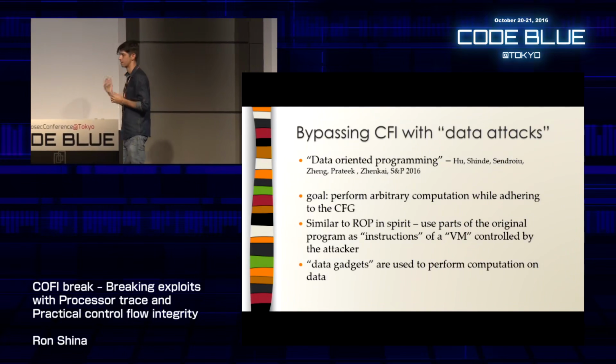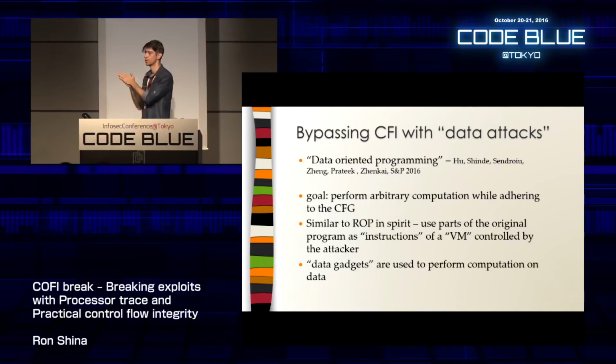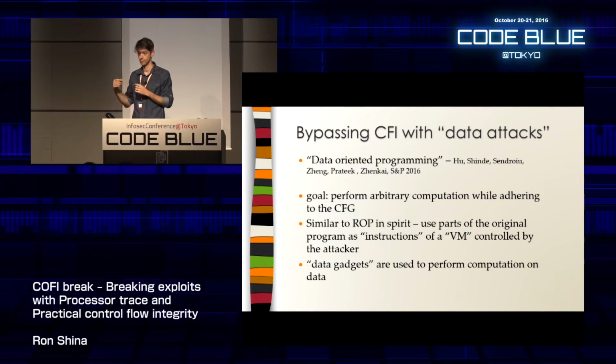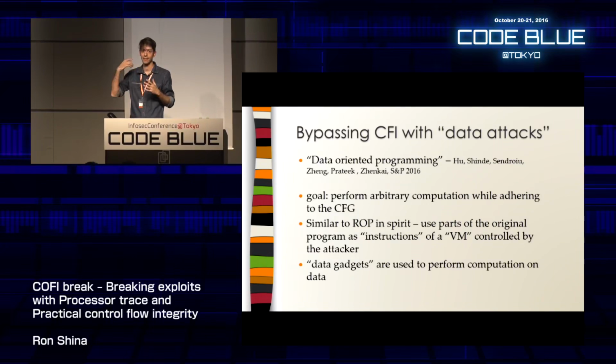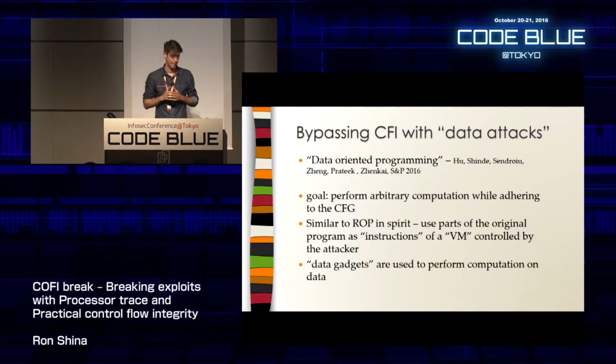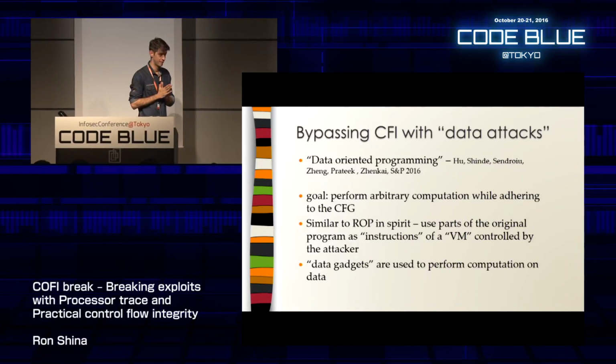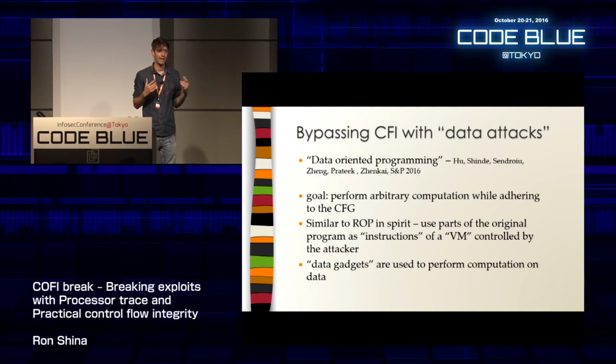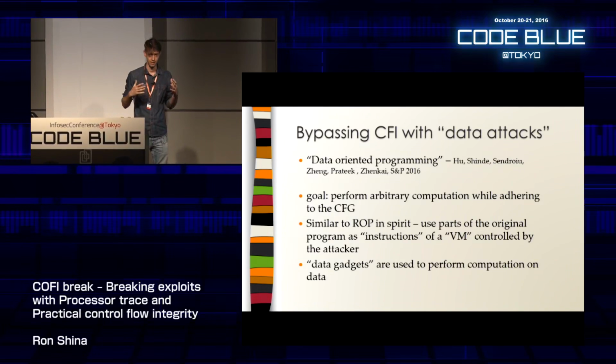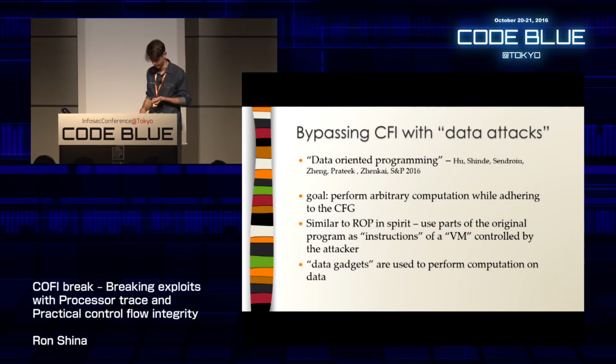And they use the vulnerability to choose which gadget they'd want to use currently. In that way, they get arbitrary computation. They had relatively good results. It wasn't completely automated, but it did work on a couple of applications. I thought it was very interesting.